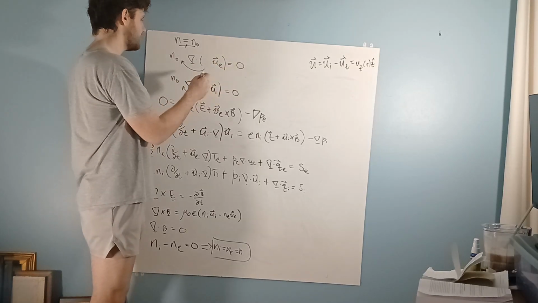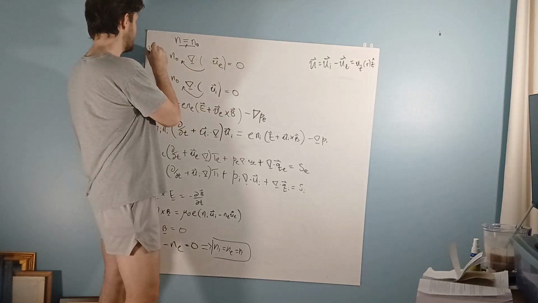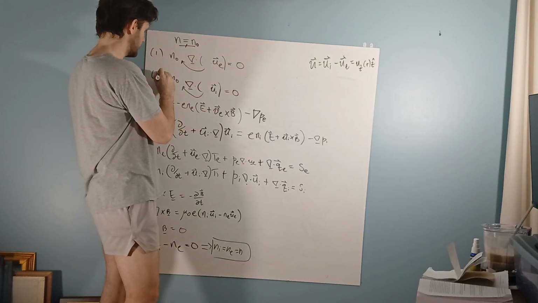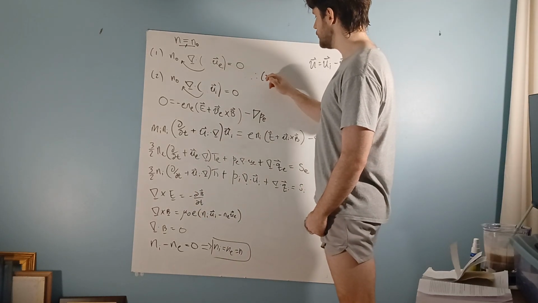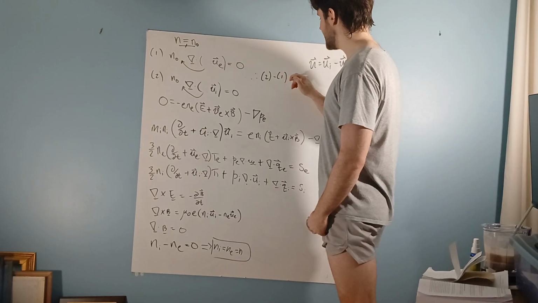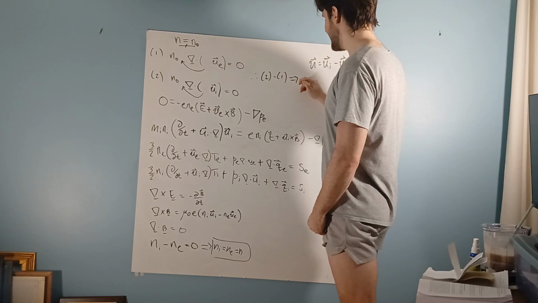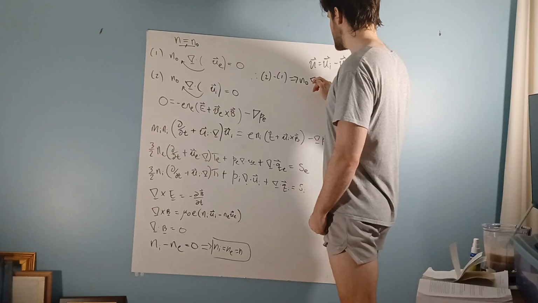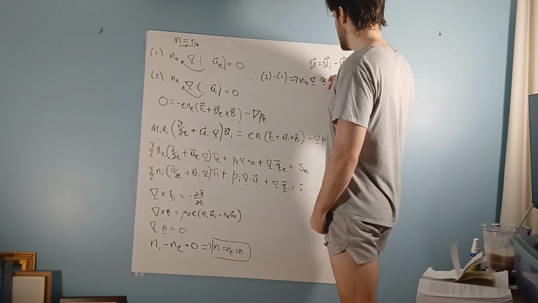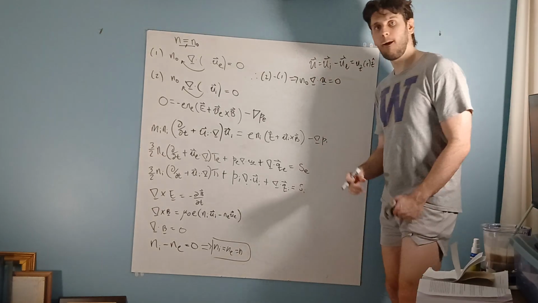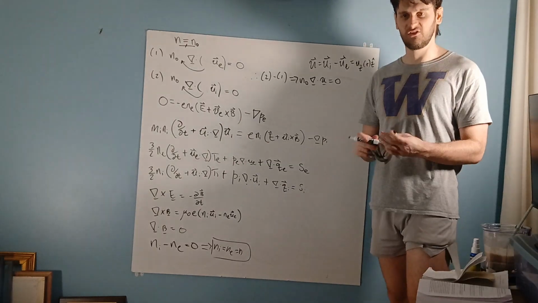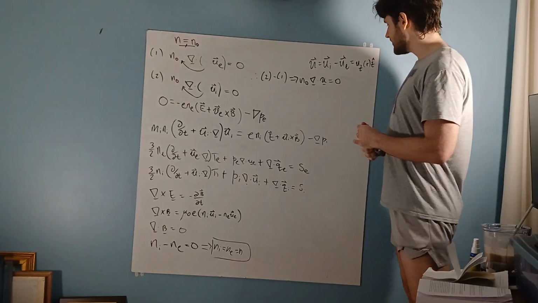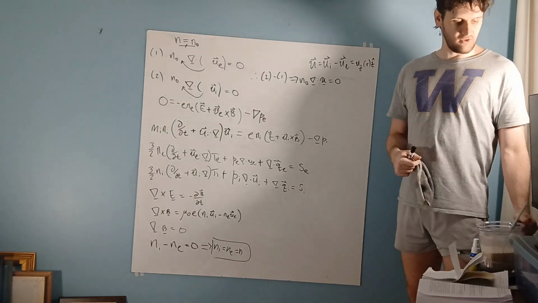I'm going to name this 1, and this one 2. So 2 minus 1 implies that we have N naught, the divergence of U, equals 0. Booyah! That's exactly what it is for an axisymmetric, purely axial flow like the Z pinch.